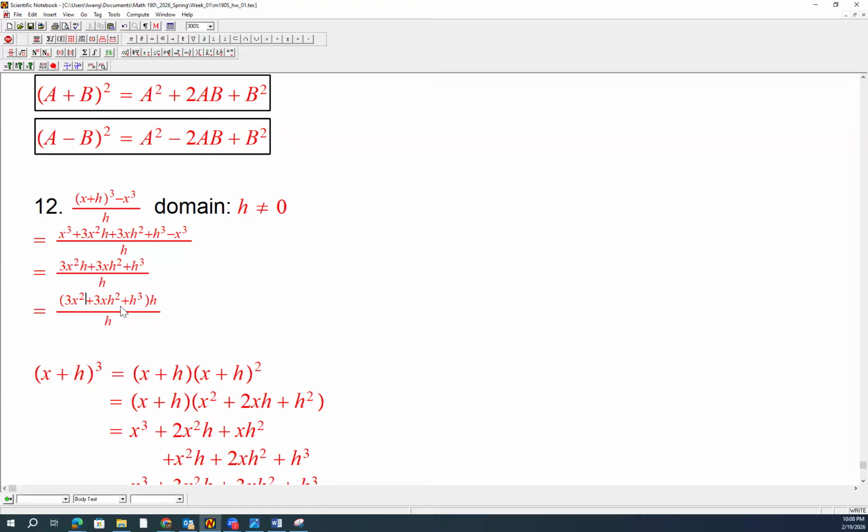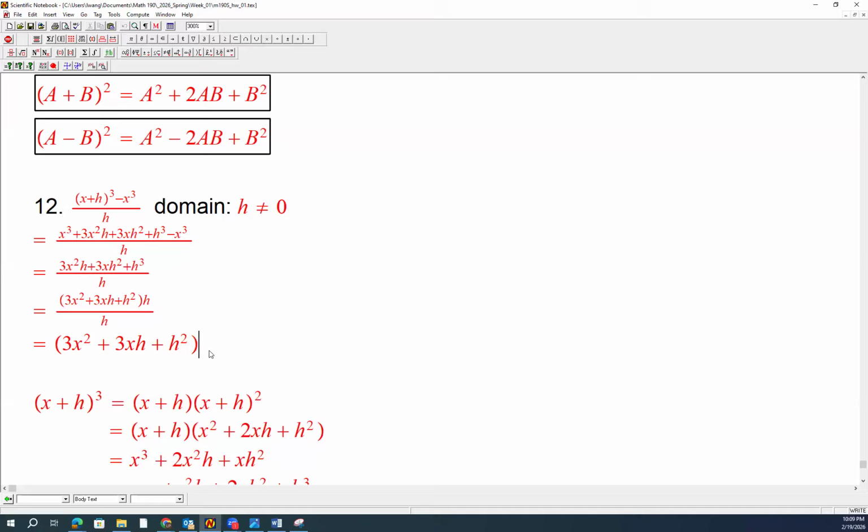And there's h squared. So take one h out. So this is going to be h squared. So that way the h will be reduced. In the end, we're going to get what's left in the parentheses. And that's the end of it. We can remove the parentheses.